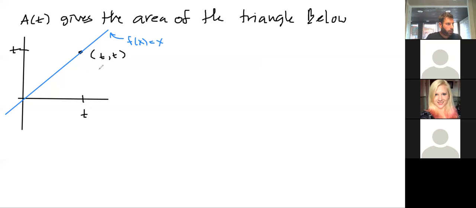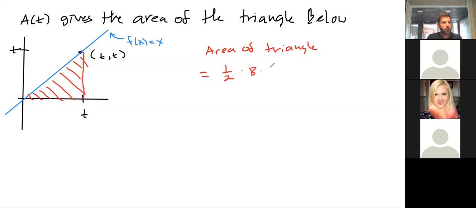So let's think about what we know about calculus so far. What is the area of the triangle? Well, we know it's 1/2 times base times height, which in this particular problem is 1/2 t squared. But it's also equal to the integral from 0 to t of x dx, which, of course, we also define by definition as A of t.